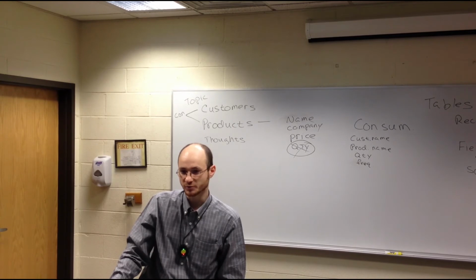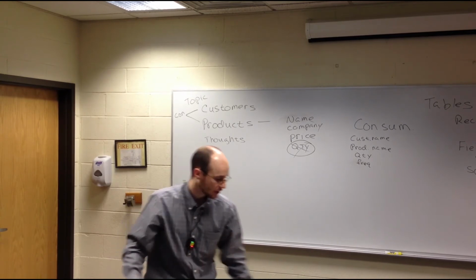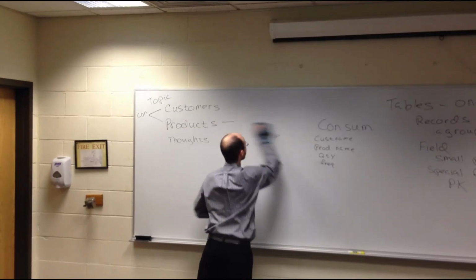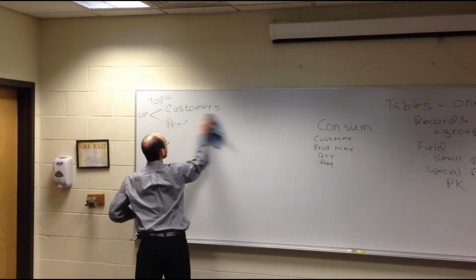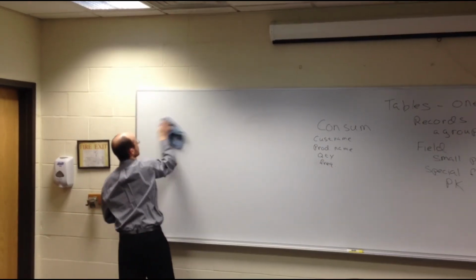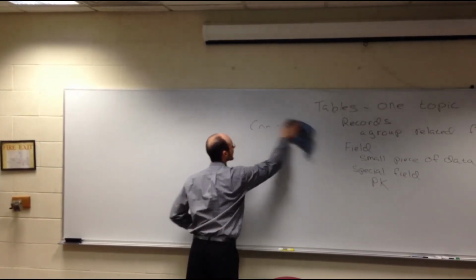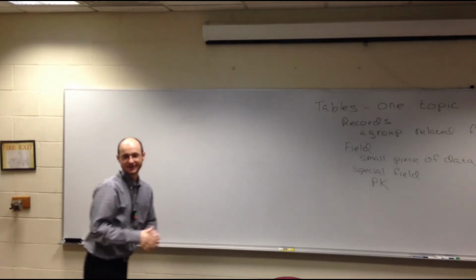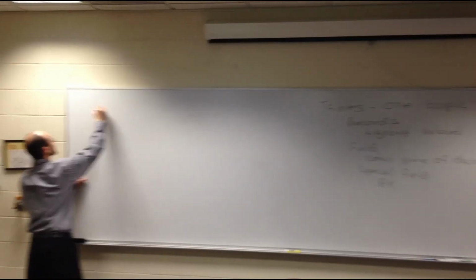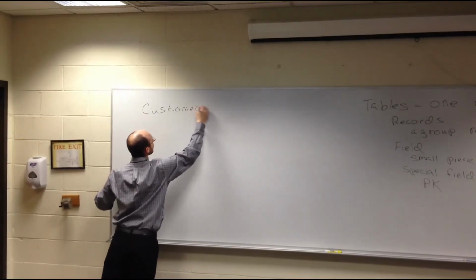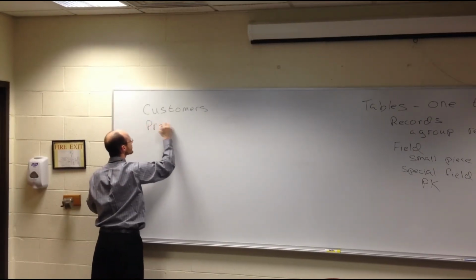Let me put it in perspective using a business model. In order for you guys to be in business, what must you have? Throw that in the toilet. There, that's what I'm looking for. You need customers, products, interesting how they relate.